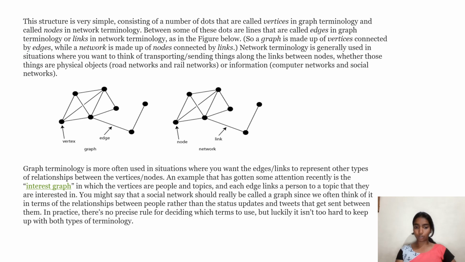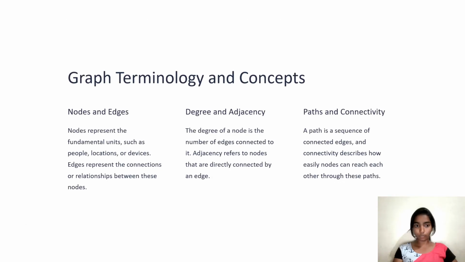You might say that a social network should really be called a graph since we often think of it in terms of the relationship between people rather than the status updates and tweets that get sent between them. In practice, there is no precise rule for deciding which term to use, but luckily it isn't too hard to keep up with both types of terminology.